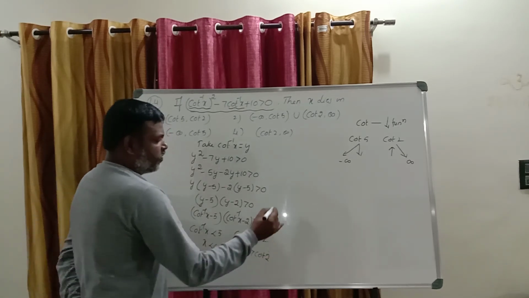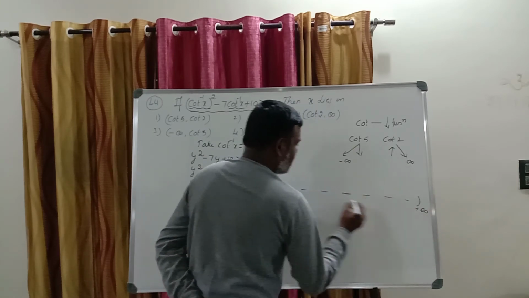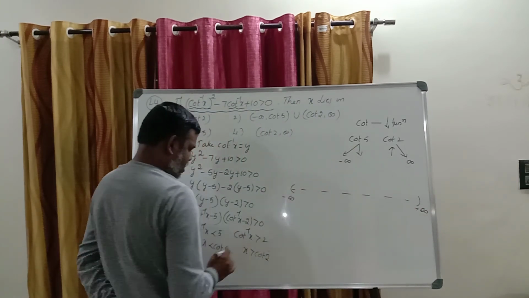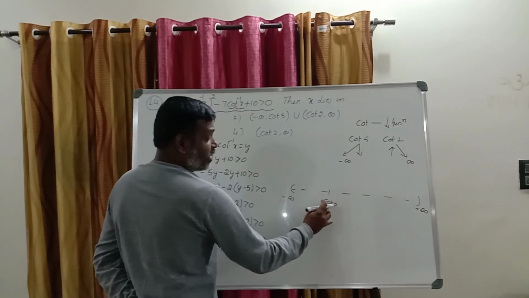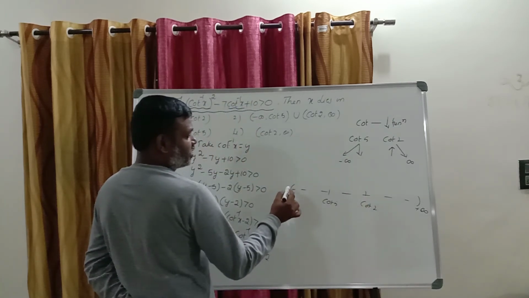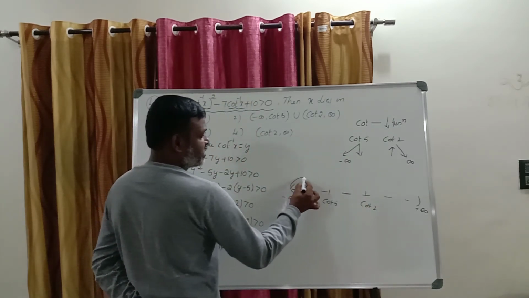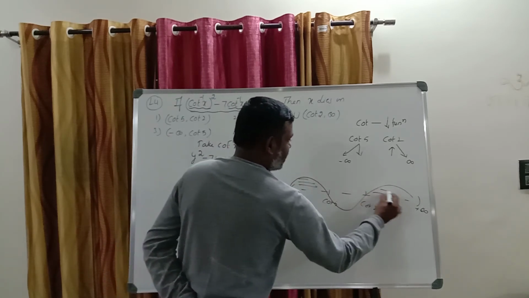Okay, now if you draw a line here, a real line, this is my plus infinity, this is minus infinity. So cot 5 is here, don't look at the number, cot 5. Here cot 2. Now the interval becomes like this. So here it is positive, here it is positive.